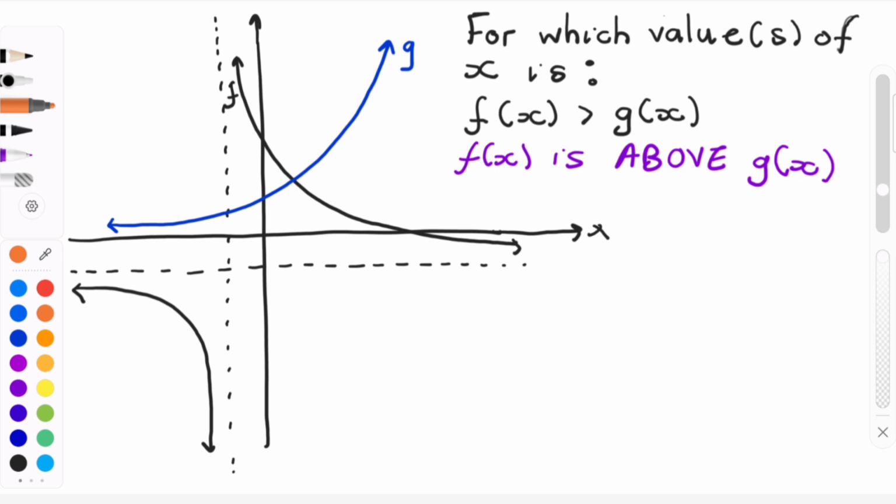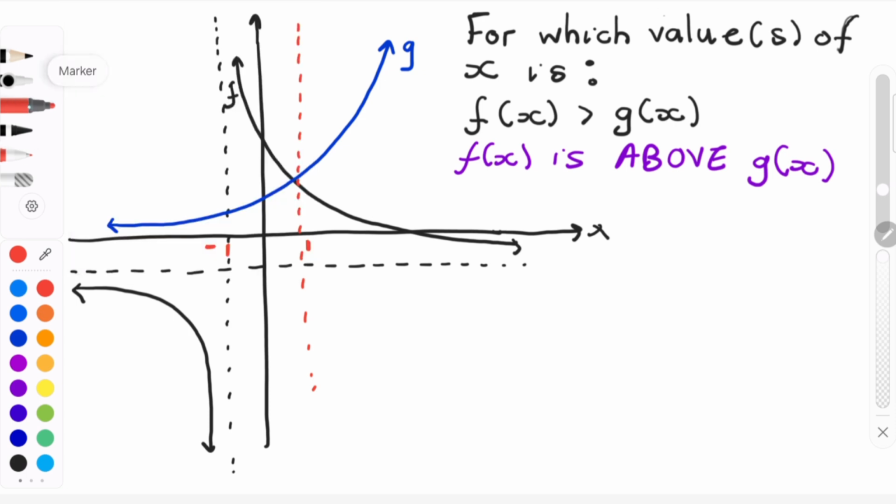First, let's separate these functions into regions where the two graphs intersect. So here the two graphs are intersecting, and let's say they intersect at an x value of 1. And another important place here is this vertical asymptote right here. Let's say it is -1.